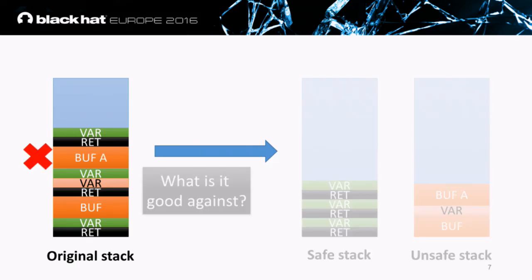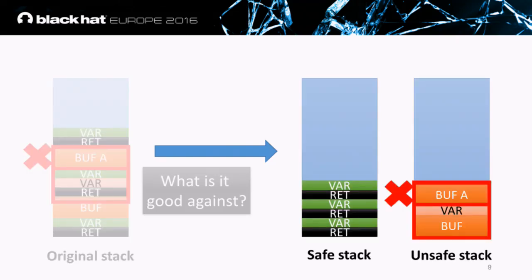So what is it good against? Let's say we have a memory corruption in the program, and buffer A can be overflown with data. What the attacker can do is, if it overflows the data in buffer A, it can overwrite the return address. This is very valuable for an attacker because here it can initiate the control flow hijack of the program.